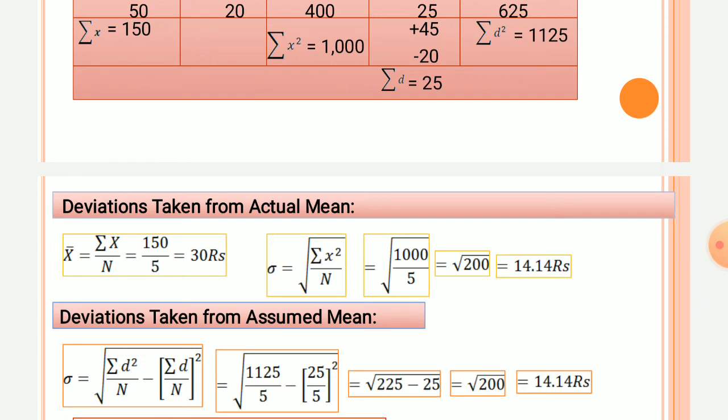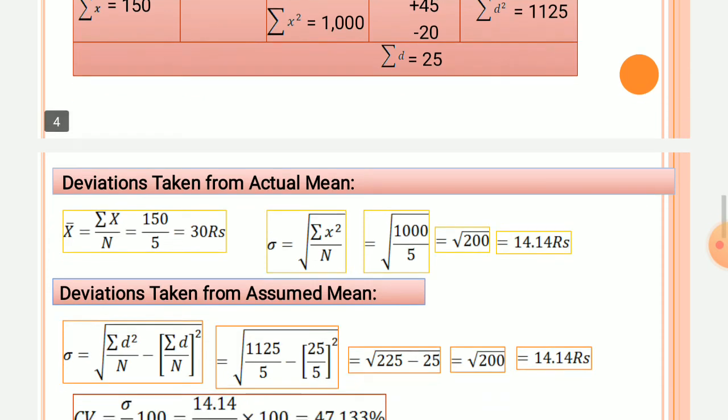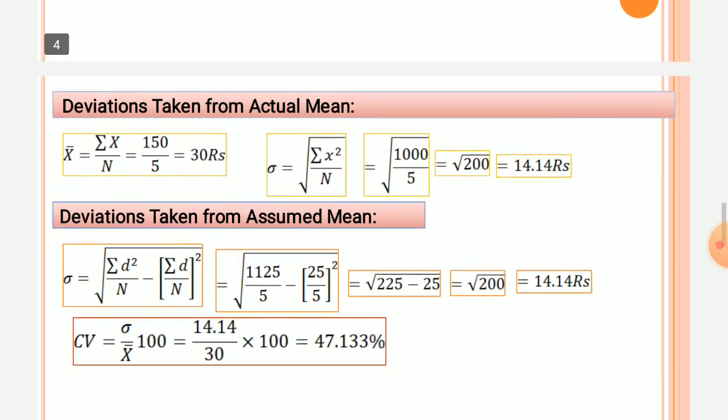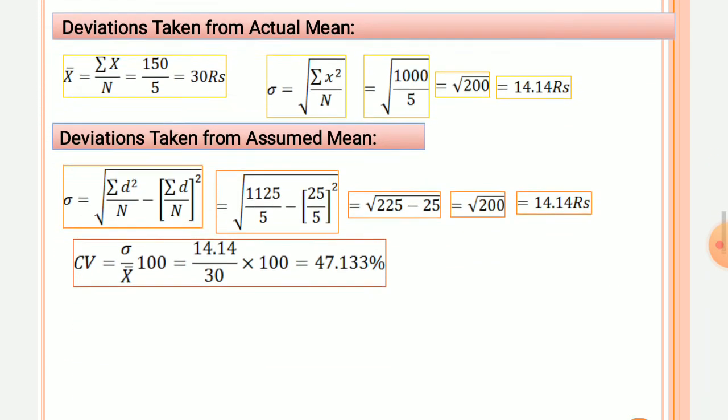This is the value of standard deviation when we use the actual mean to take the differences of all the observations. And now deviations from the assumed mean.